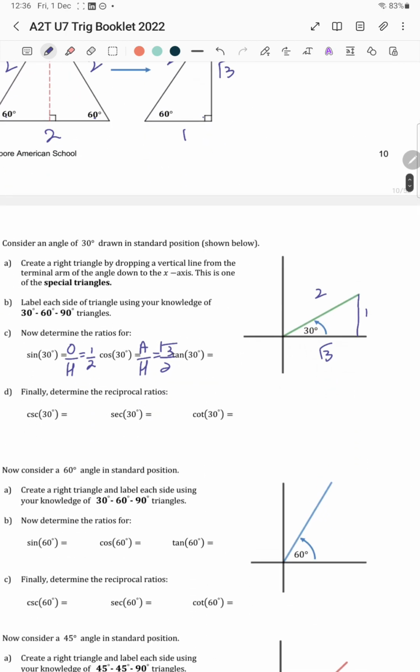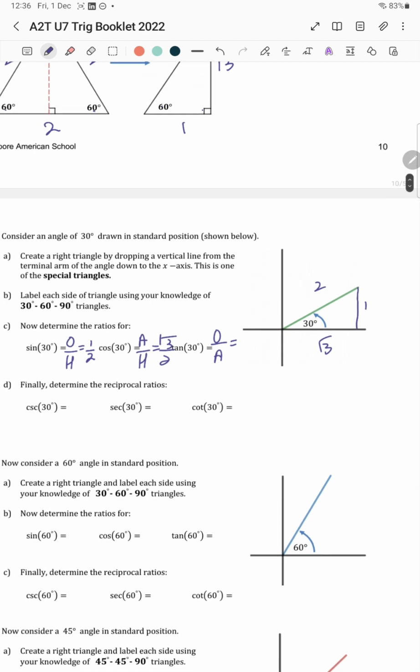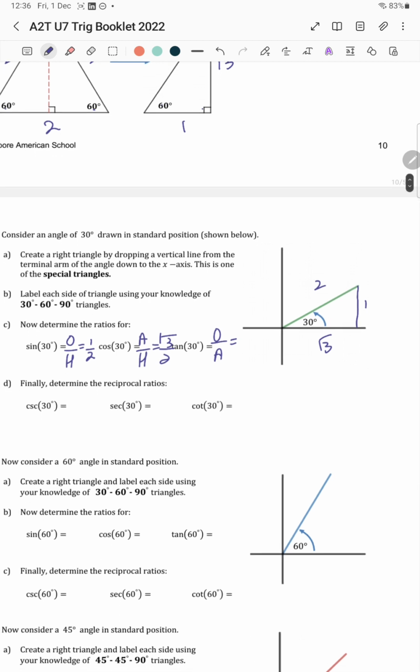Opposite is 1 and adjacent is square root 3.